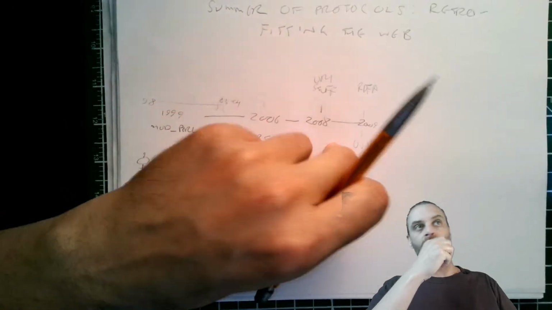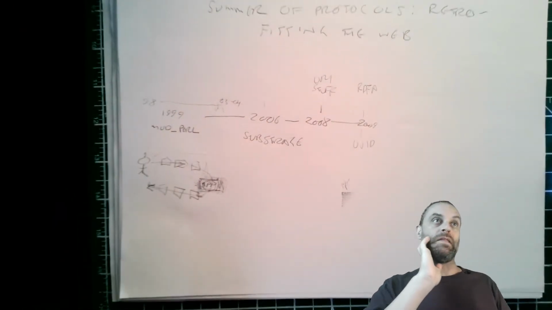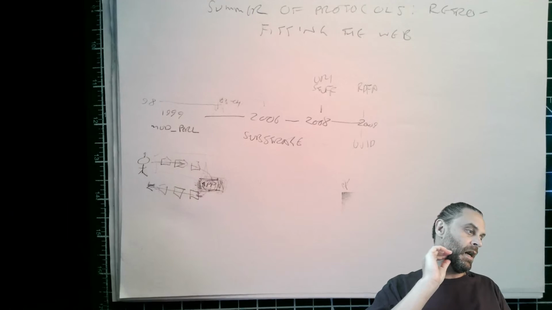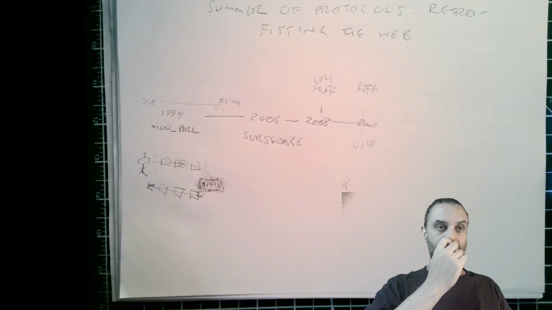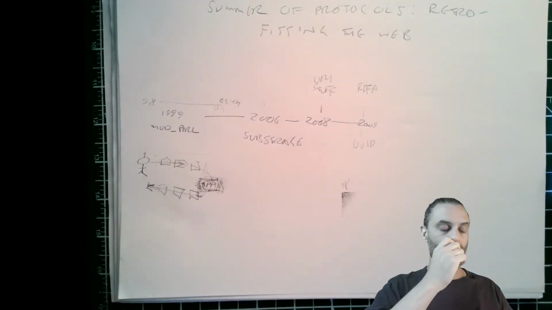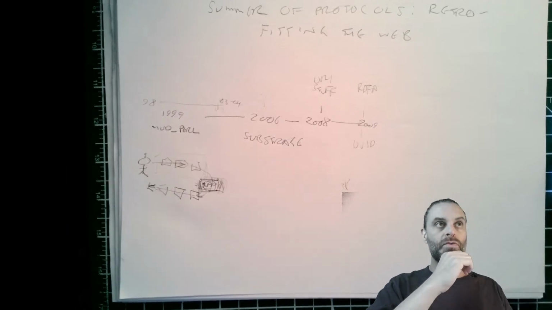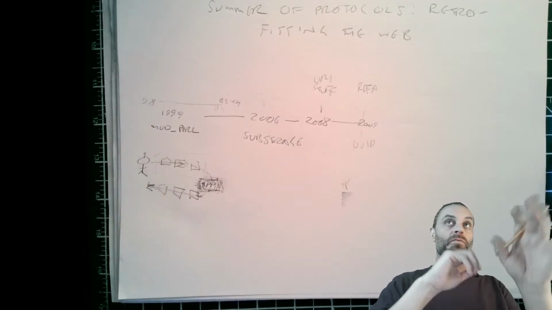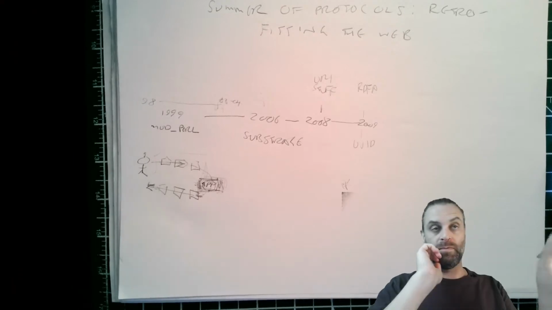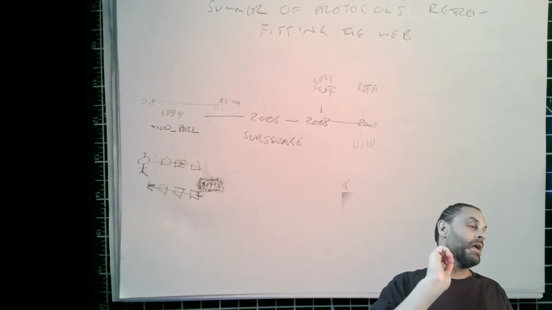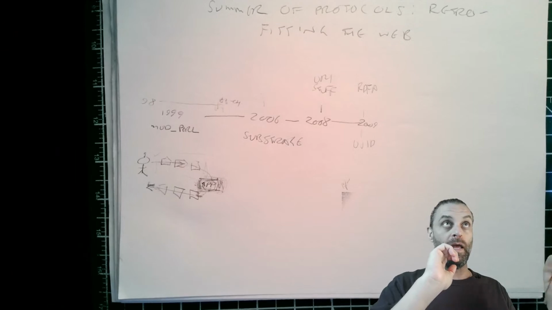So the UUID thing, what I mean by it, is basically you name a file whatever UUID dot extension, and you don't care about what it is.